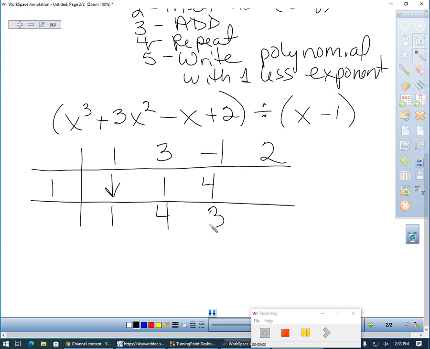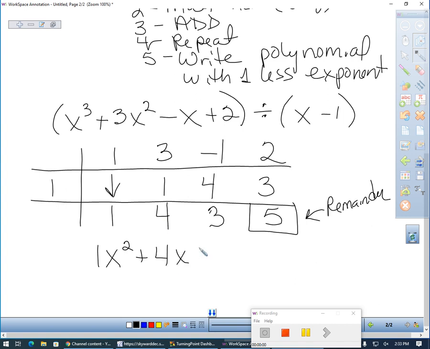We get 3. Then we multiply 1 times 3. We get 3 and add it together. We get 5. This last spot is our remainder. So when we write our polynomial down, this first one is 1x, and it's 1 less, so x squared. Plus 4x plus 3. And again, remainder 5.